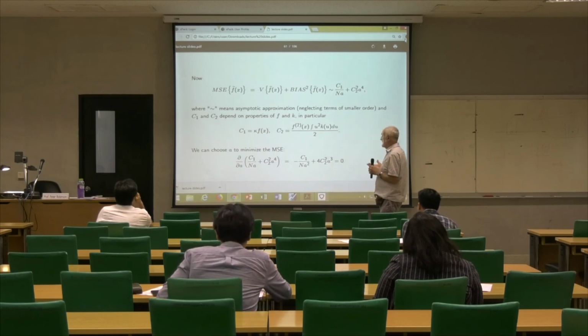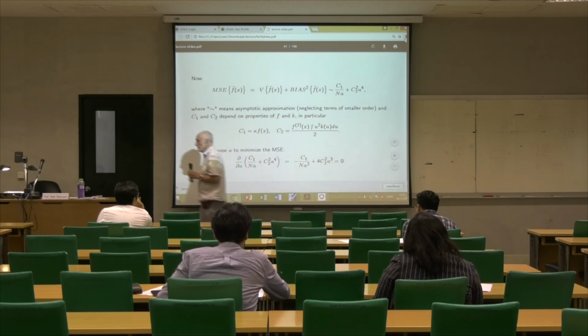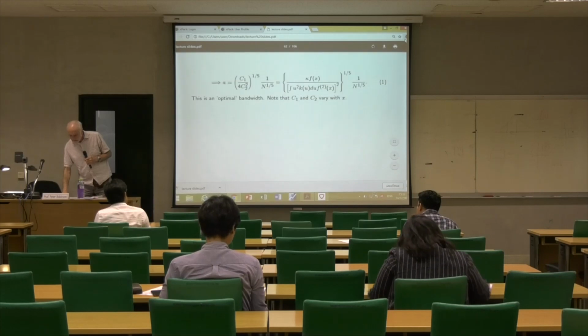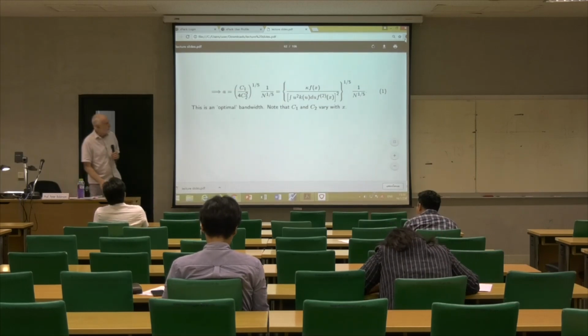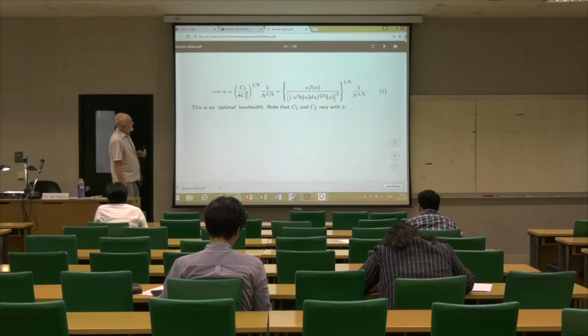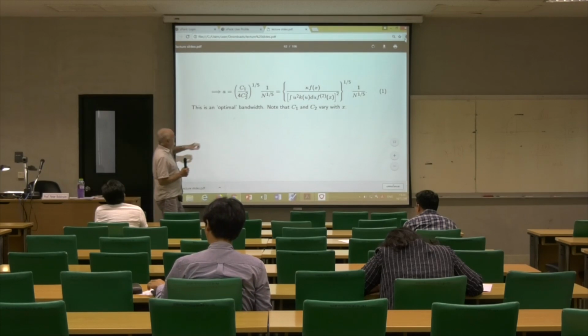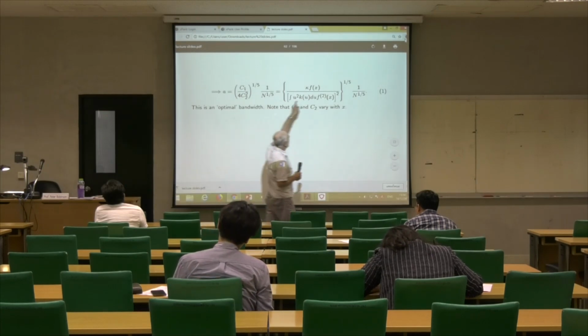Well, we can choose A to minimize the mean squared error. So if we differentiate with respect to A, I won't go through all the details, but the solution gives you this quantity where you've got this big factor here.